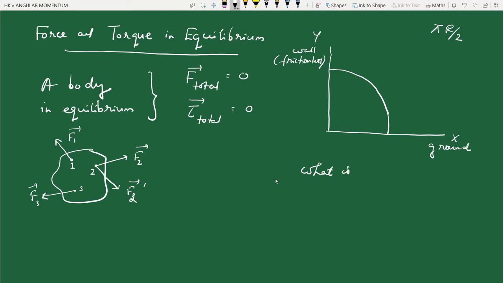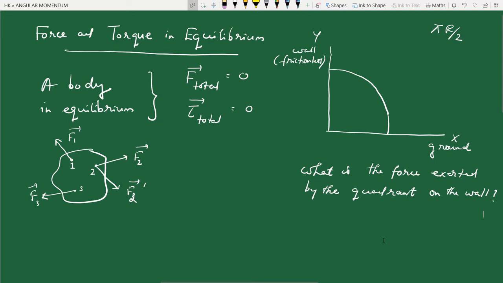What is the force exerted by the quadrant, or the rod, on the wall? This is the question. We want to calculate that.